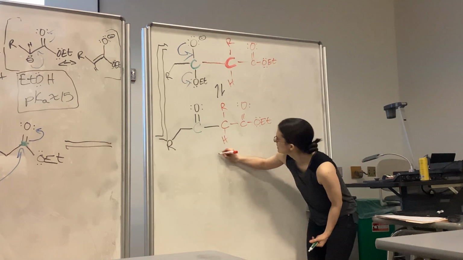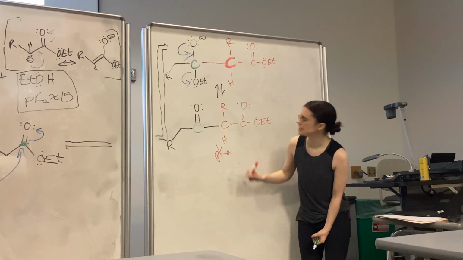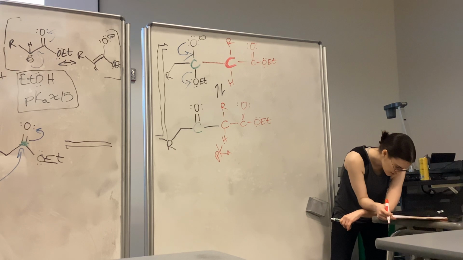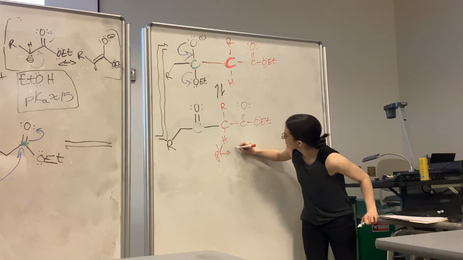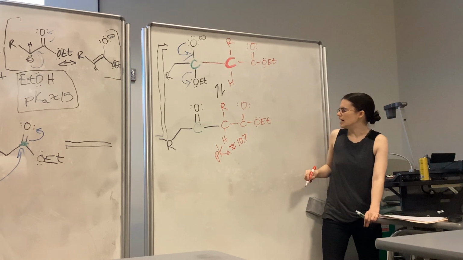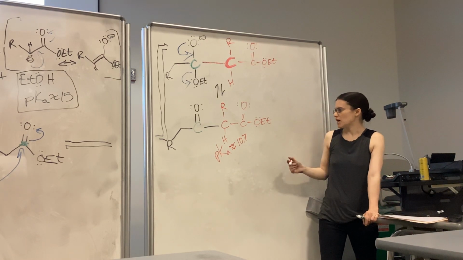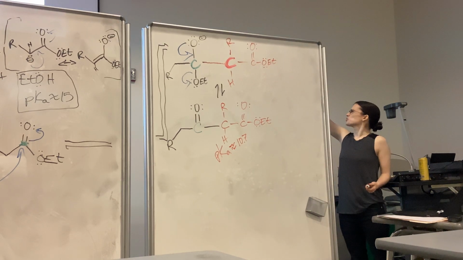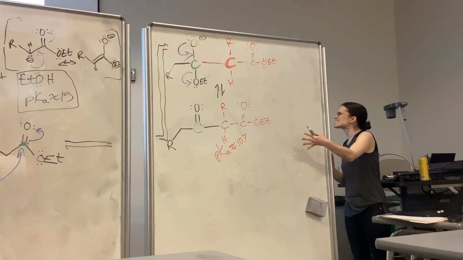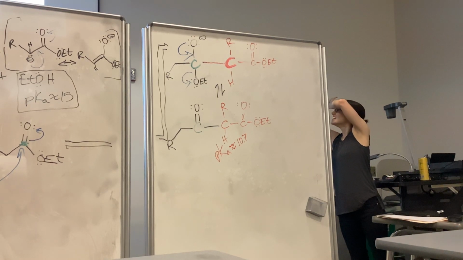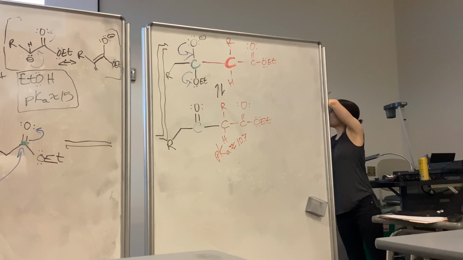Well, the pKa of this is 10.7, which, I mean, you could have just called it 9 because up there we don't have this exact example, but we do have a 1,3-diketone at pH 9.